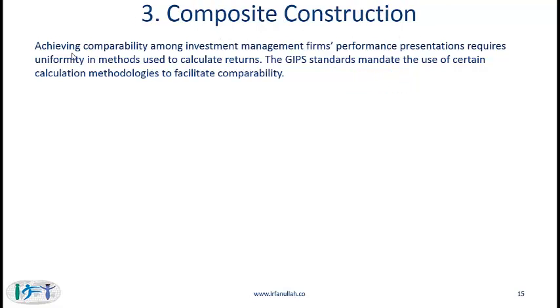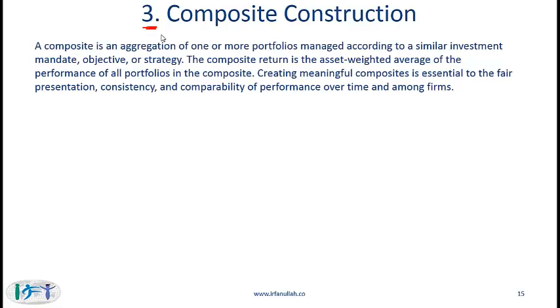Composite construction. The GIPS provision 3 is composite construction. A composite is an aggregation of one or more portfolios managed in accordance to a similar investment mandate, objective, or strategy.